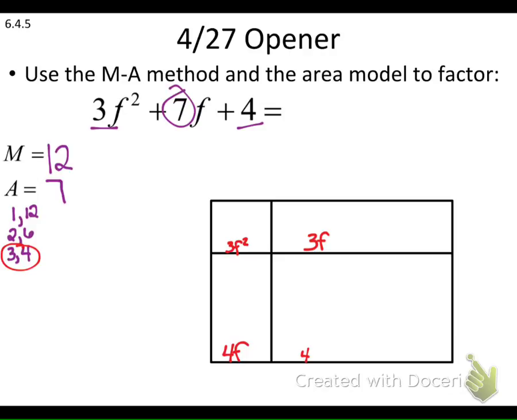So 3 and 3 are the same number. So we would get 1 as the biggest number that can go into both of those, right? And then we have 2 F's and 1 F. What is the greatest amount of F's that they both have in common? 1, right? So I'm going to plug in an F for my height.